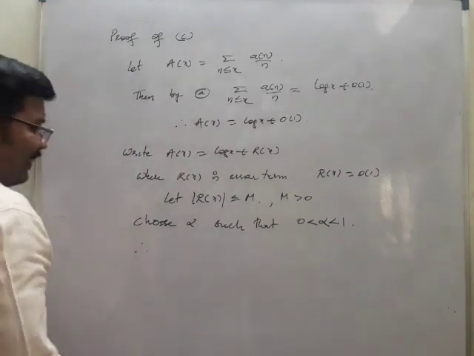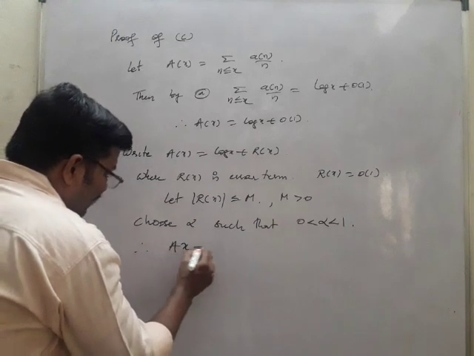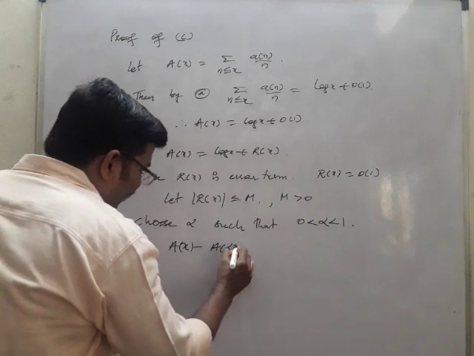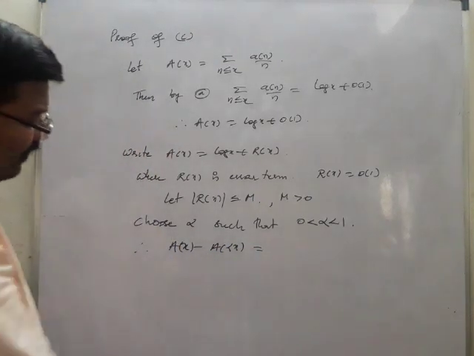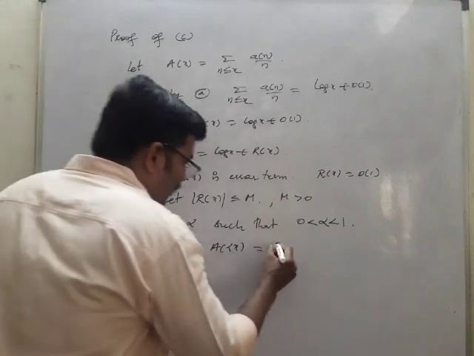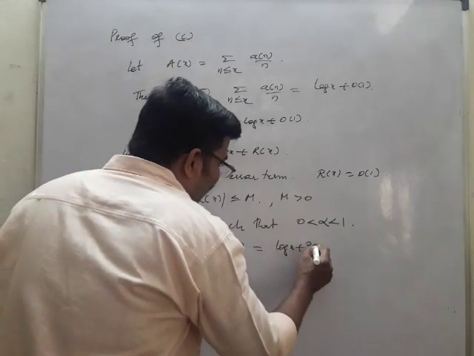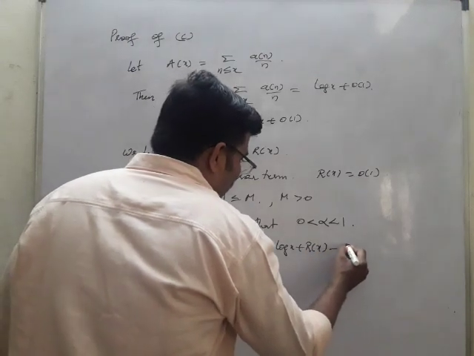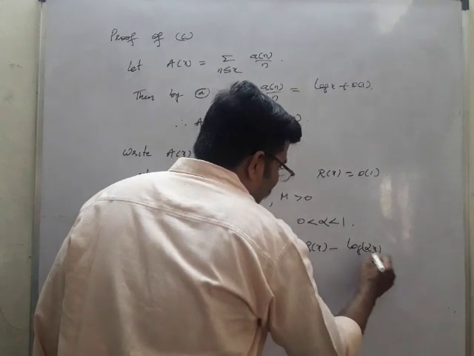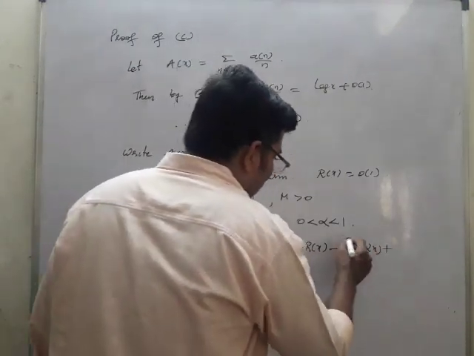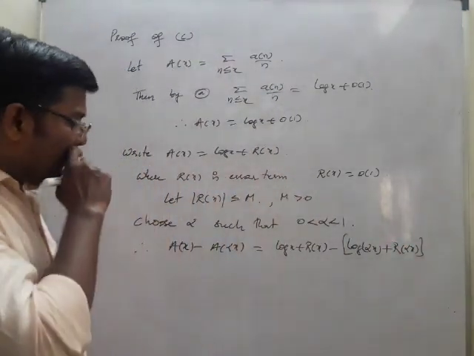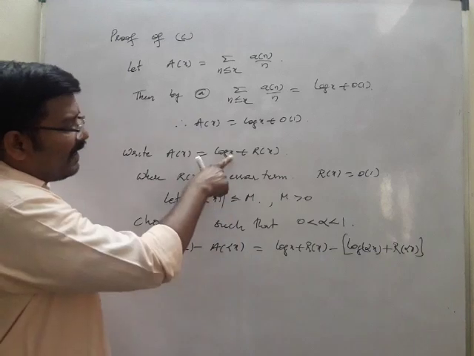So we'll try to find the value of a of x minus a of alpha x. A of x is log x plus r of x, minus a of alpha x, where I am just writing alpha x in the place of x.